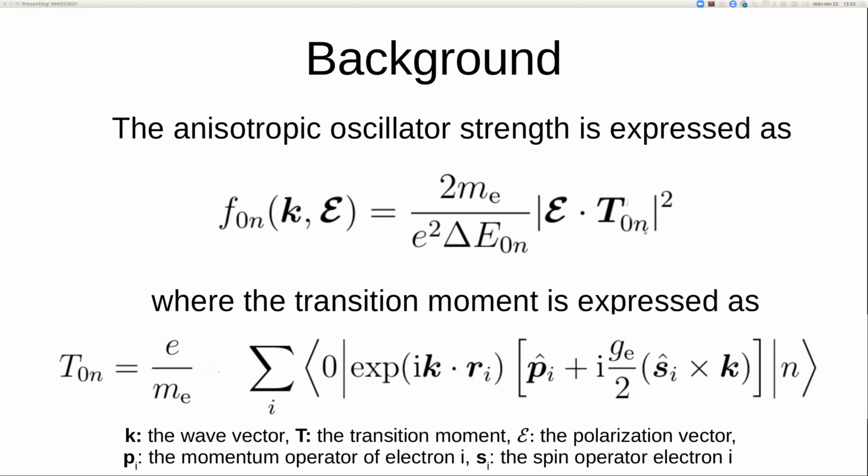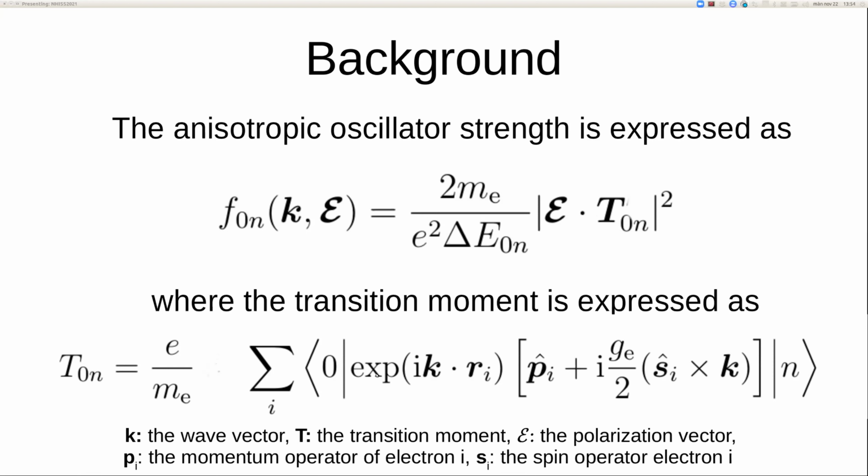You take the norm of this product, which in itself can be a complex number. The transition moment between states 0 and n contains all these different terms.